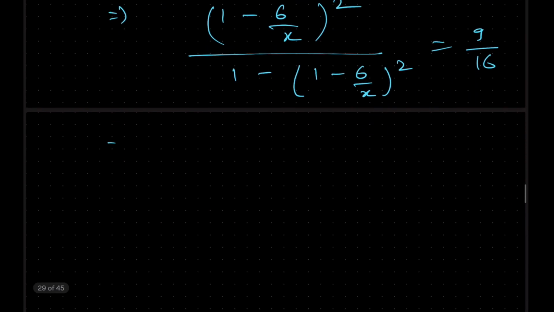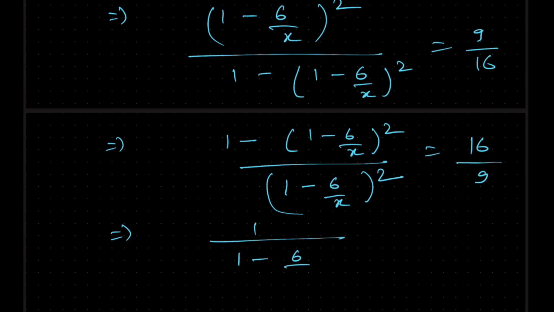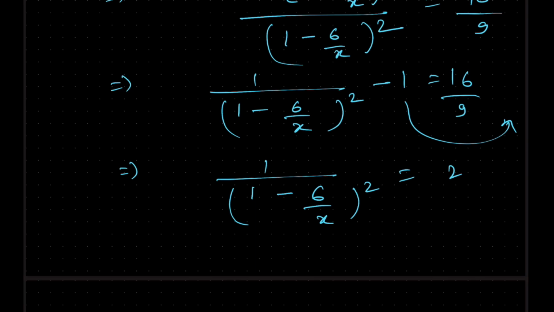Further solving it, let's flip it: 16 by 9 equals 1 by 1 minus 6 by x whole square, minus 1. Taking the 1 on the right hand side and adding it, you will get 25 by 9.